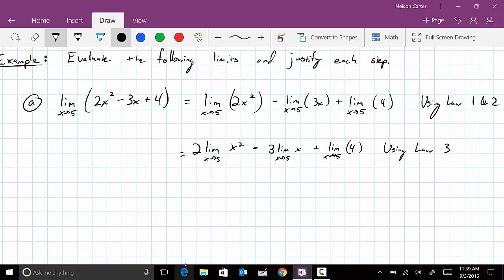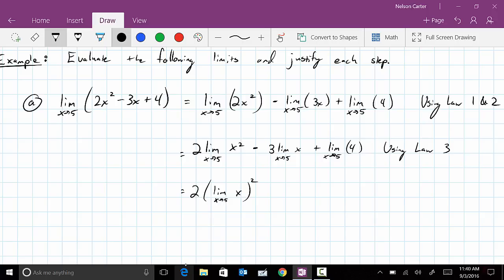So now what we can do is evaluate this limit. I'm going to take the limit as x approaches 5 of x, and then I'm going to square that whole thing.